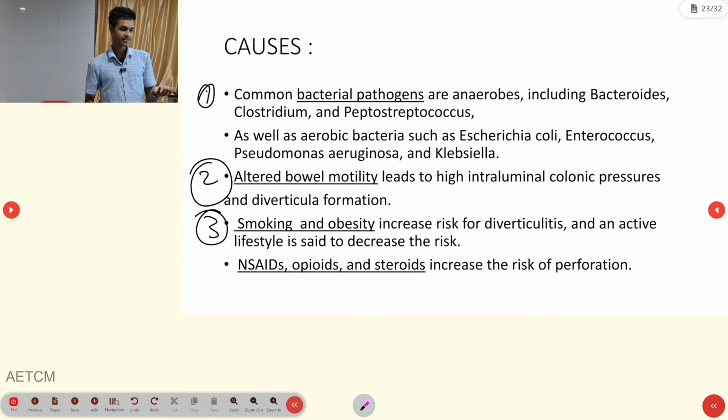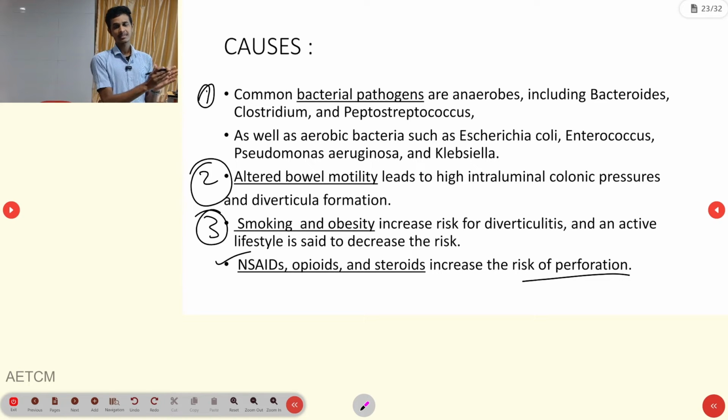Obesity also increases the risk. NSAIDs, opioids, and steroids do not increase the risk of forming diverticulitis, but they increase the risk of perforation. Ultimately these people will present with abdominal discomfort or pain, so we have to choose NSAID or opioid drugs carefully.